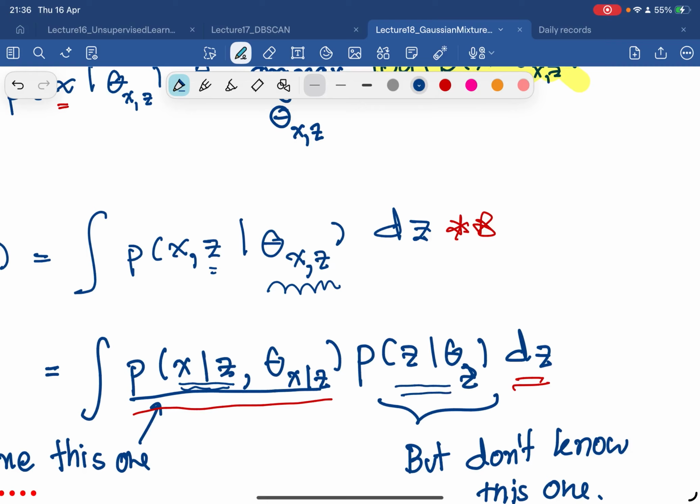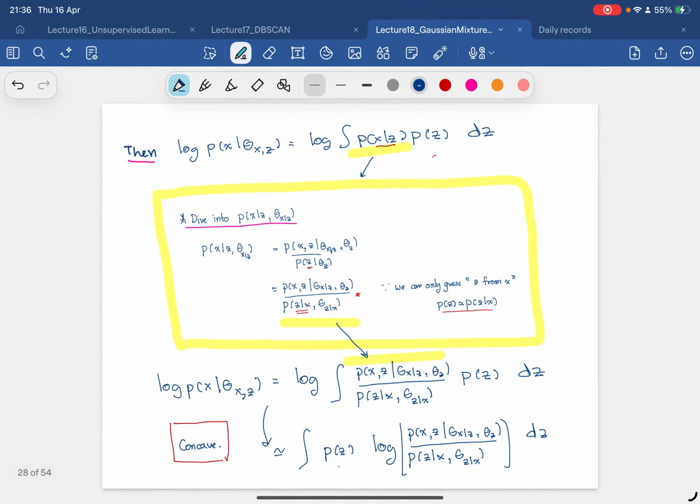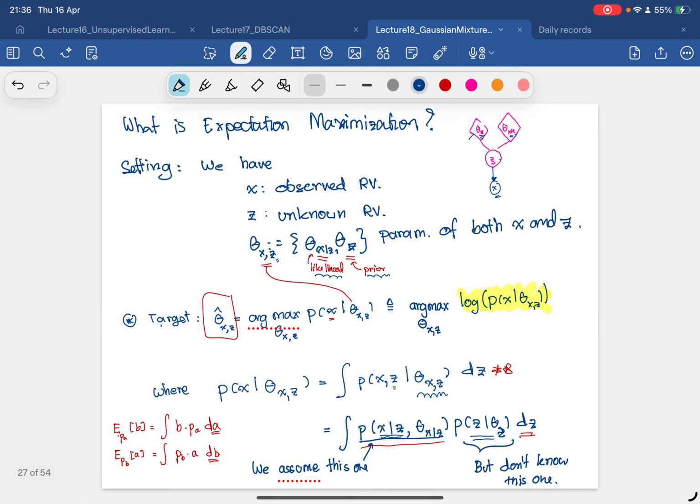In our case, we assume something simpler, a Bernoulli distribution. Okay. Then we may further simplify this equation. Oh, by the way, what I'm trying to show you here is how this setting becomes an expectation maximization problem. Sorry, I forgot to mention.